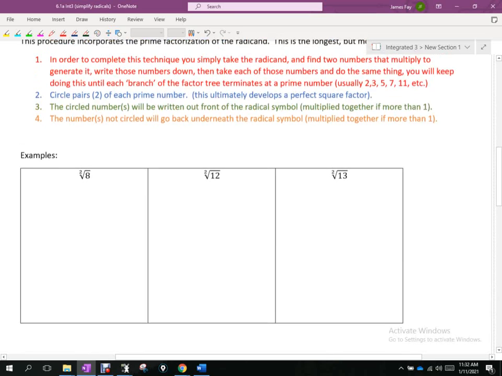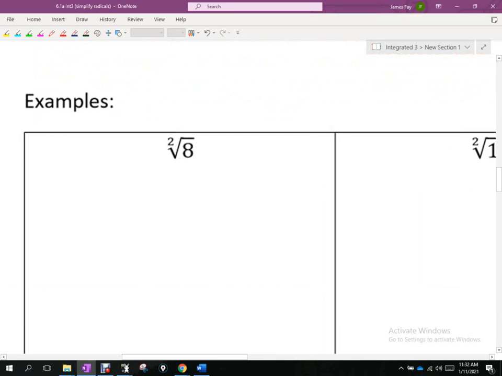So here we've got some examples. So we're going to take radical 8. Okay? What we're going to do is we're going to take the number 8 and create a factor tree. So give me two numbers that you know divide 8. 2 and 4. Okay?